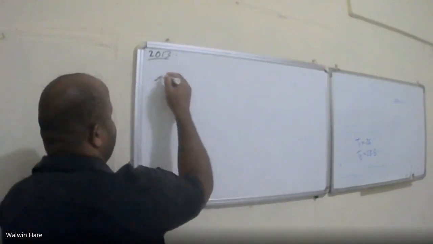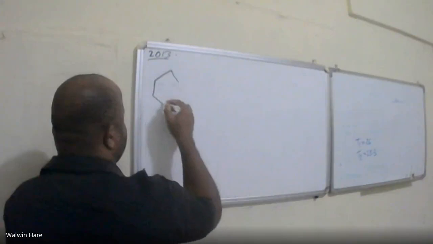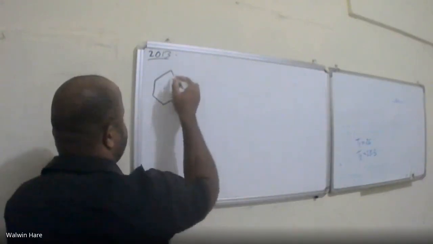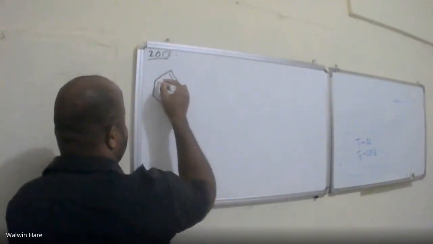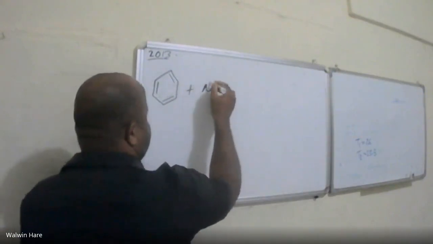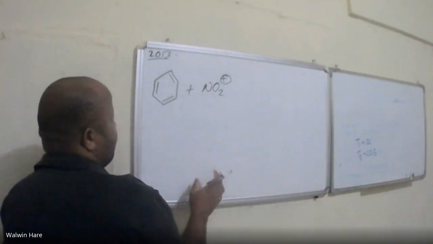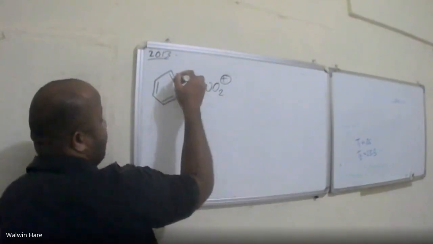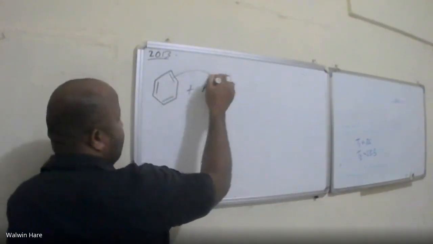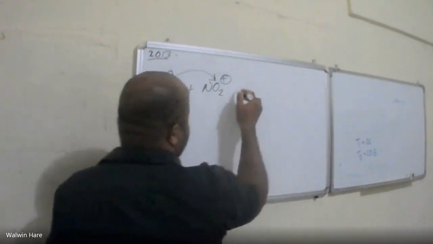We know that occurs in two steps, as we did last week. So we know it will react with the nitronium ion. So the pi electron would attack the nitronium ion.